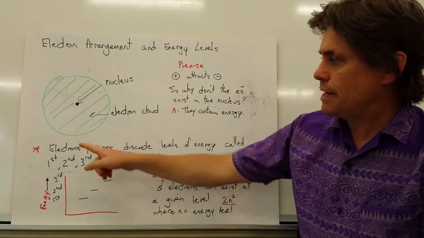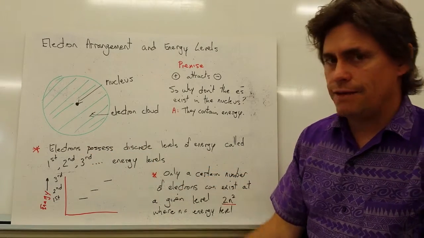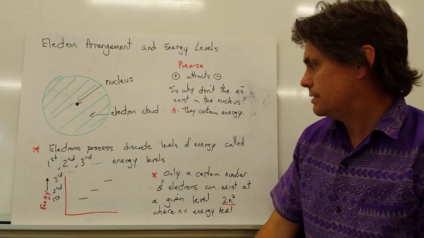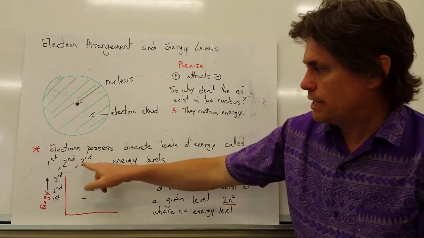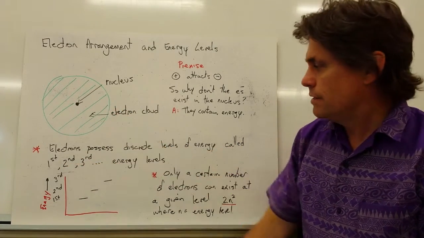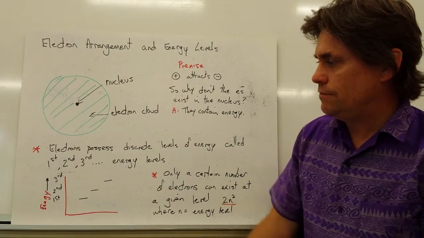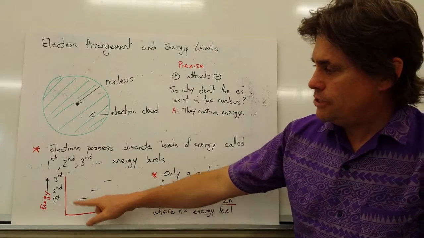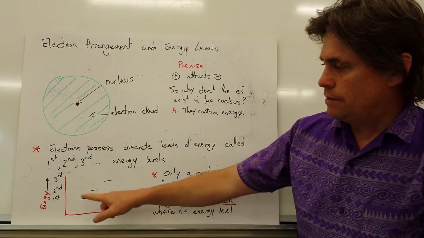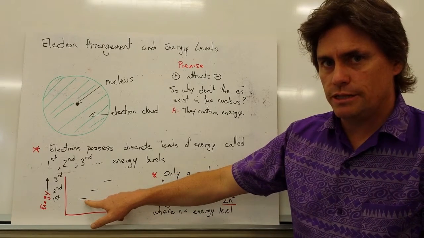Now, it turns out that they possess energy in discrete levels or discrete packets. And we call these levels of energy first, second, third, fourth, fifth, and so on, energy levels. If we were to plot the energy of each level, we'd find that the first level contains the lowest energy.